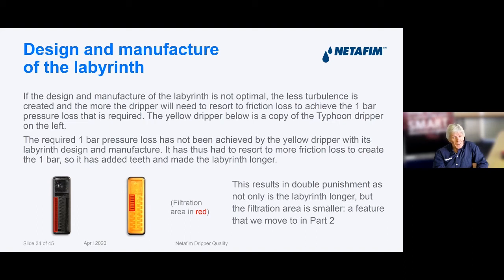And that we're going to move to in part 2. The point I'm trying to make now is you can see here that because these teeth in this yellow dripper are not of the quality they are in the black dripper, therefore more friction loss has had to be resorted to. That is created by a longer flow path, and that is why you can see a 50% increase in that flow path length.